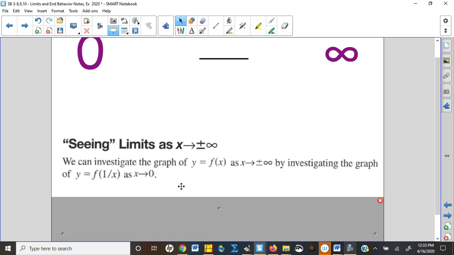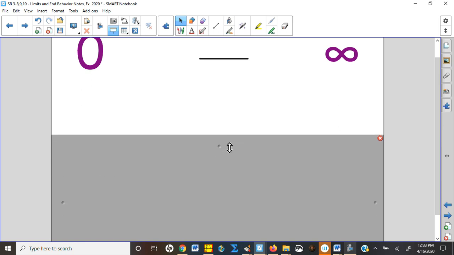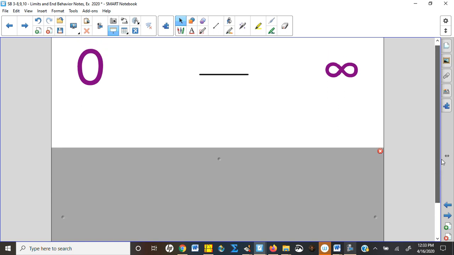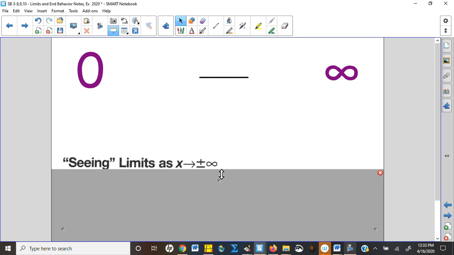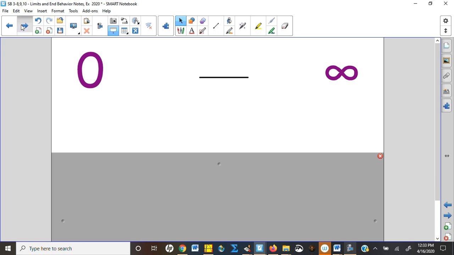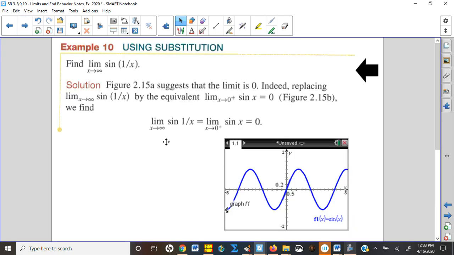Now, the trade-off is that if I do that, I can't do it with x. I have to do it with the reciprocal value of x, 1 over x. That's the strategy here. And it's not important enough that we need to worry about it right now, especially in this remote situation. But here's the example that goes with their little strategy there. What is the limit of sine of 1 over x as x approaches infinity?